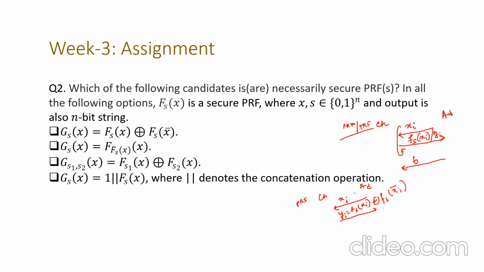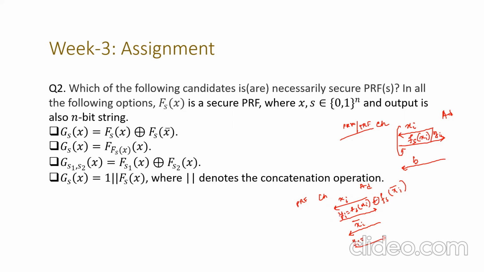Now, if it is actually interacting with a PRF oracle, then it repeats the query. So the adversary does not know whether it is interacting with a PRF oracle or a truly random function oracle. So it again queries the challenger with xi bar, and in response, it gets some yi.